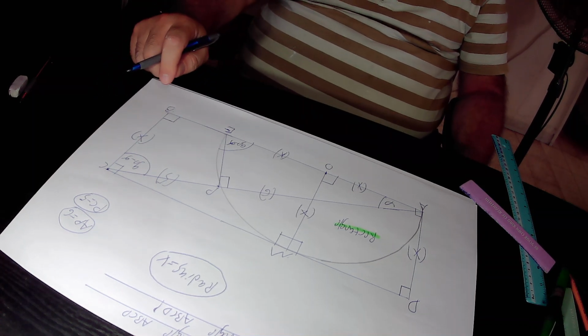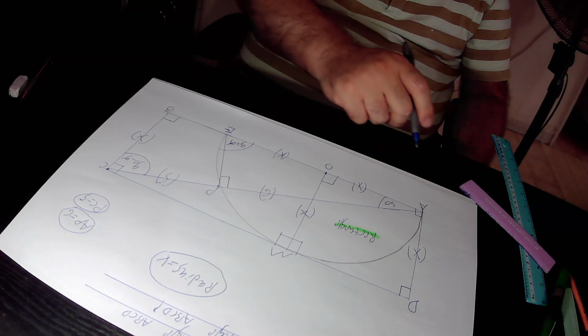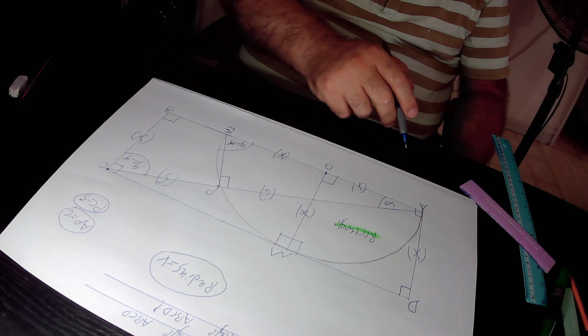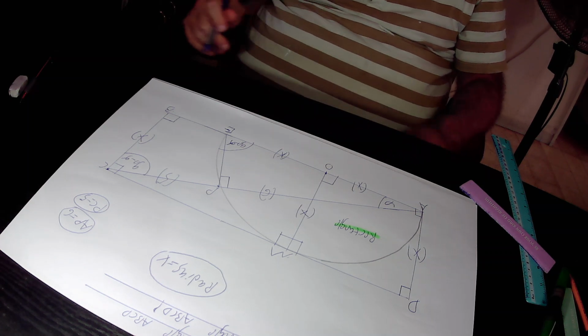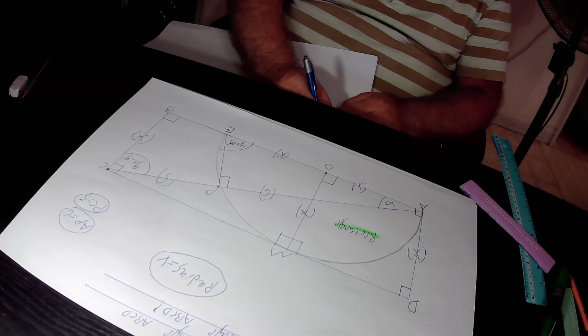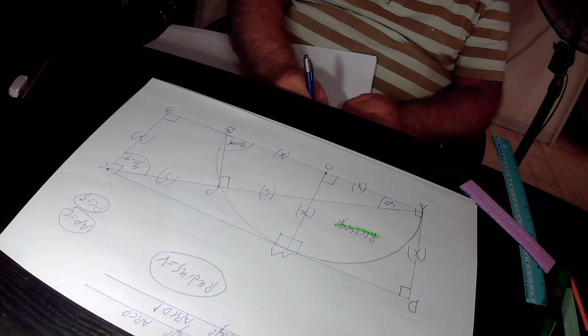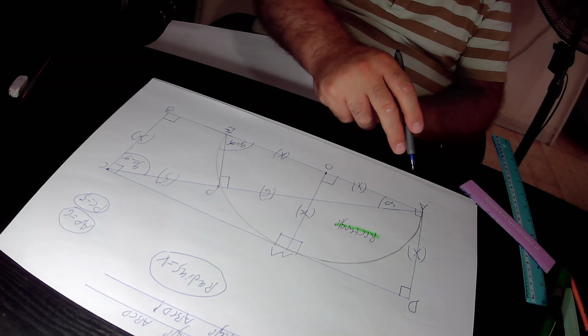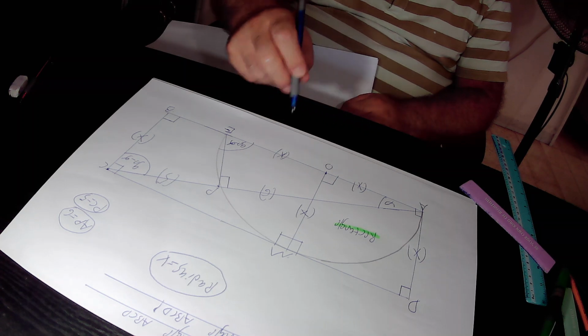In the next step, we prove that the big right triangle ABC is similar to this small triangle APE. So I write it down. We prove that the big triangle ABC is similar to this right small triangle APE.